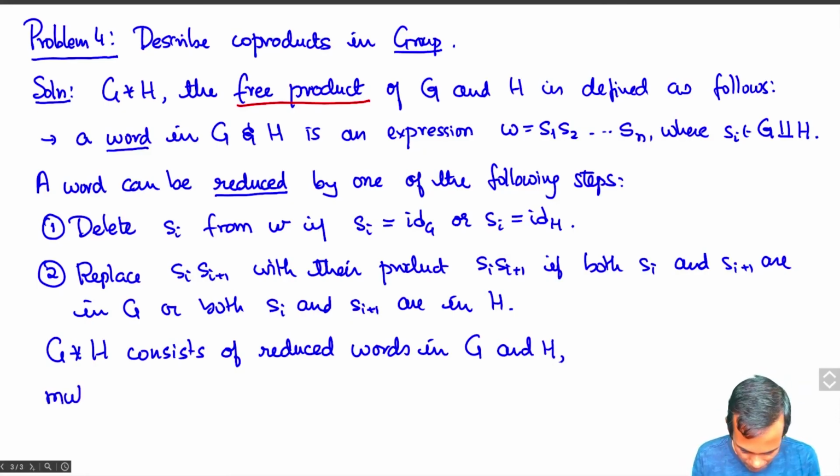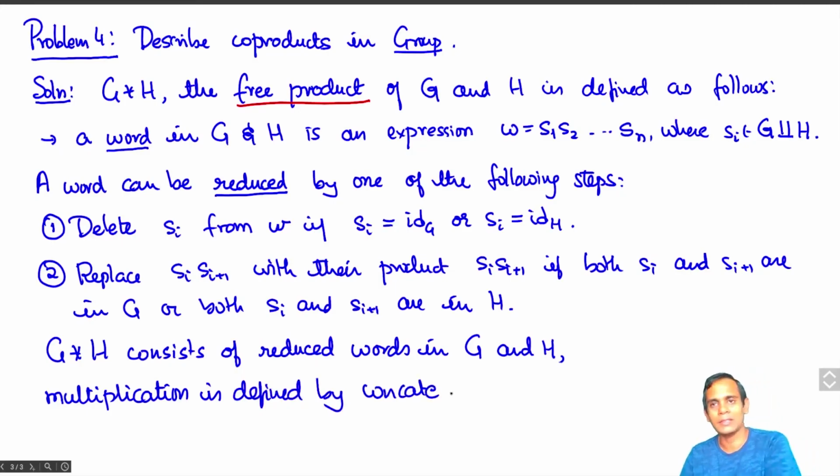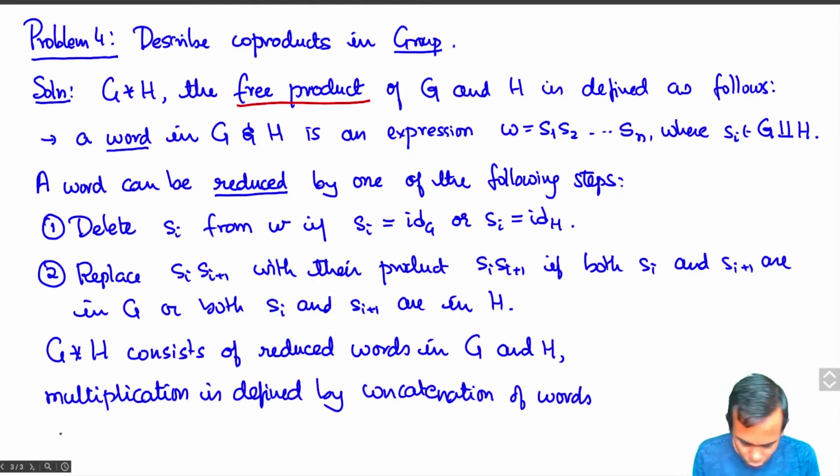So G star H consists of reduced words in G and H, and the group operation is defined by concatenation of words. You just write one word and write the other word next to it, followed by reduction.